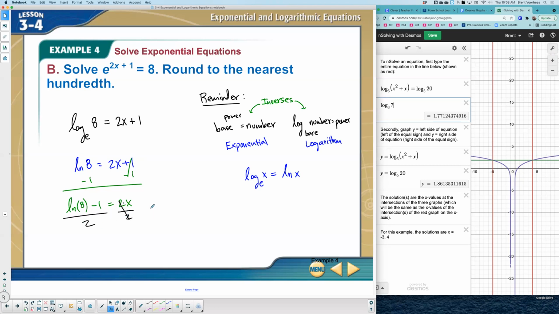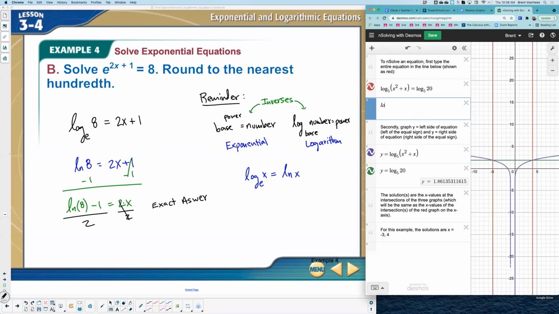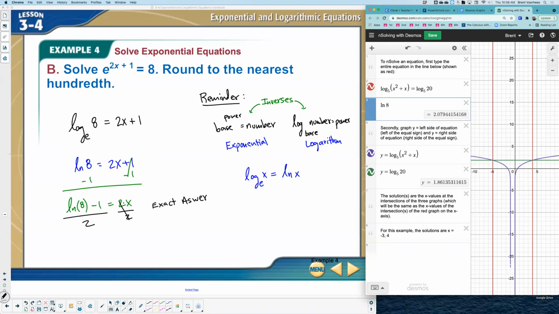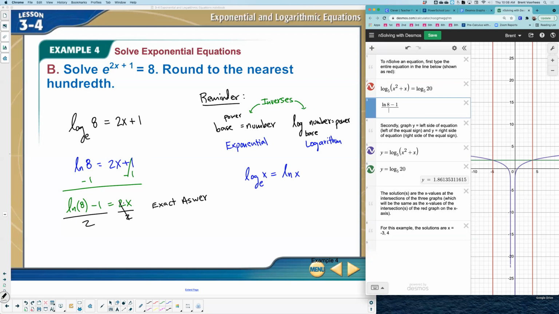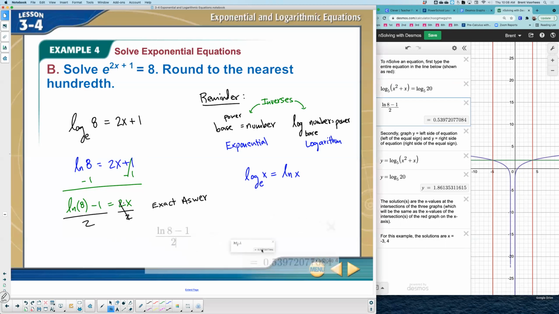So there's my exact answer. That right there is the exact answer. Let's type this in the calculator to get the rounded answer. The natural log of 8 minus 1, all this divided by 2, is that 0.5397 number right there.